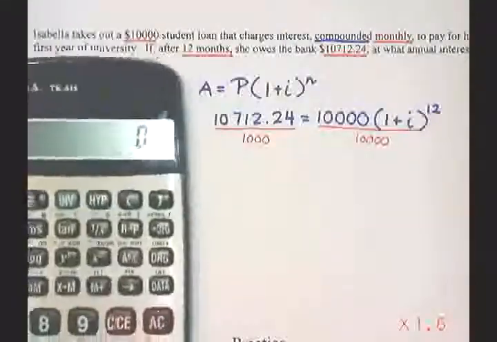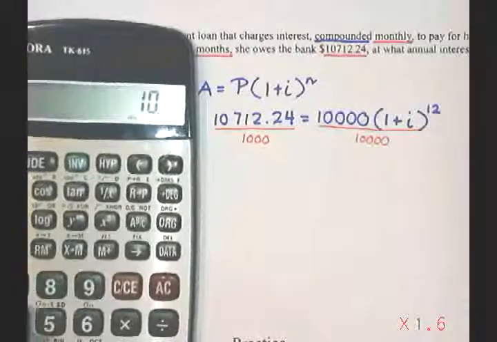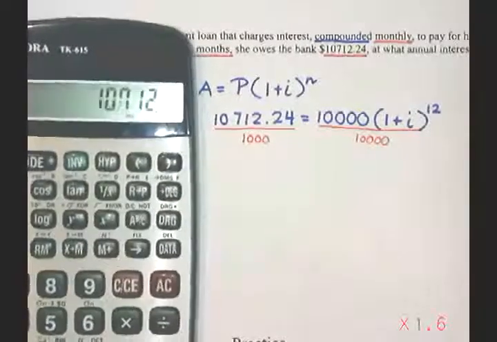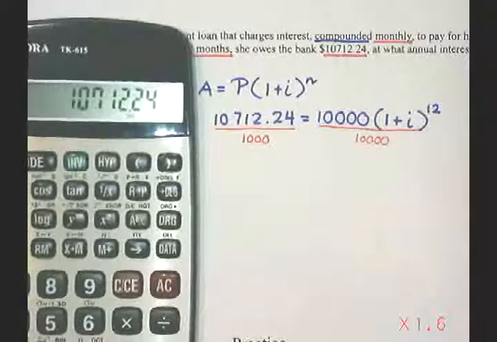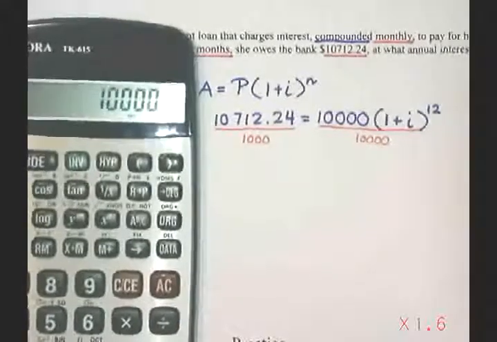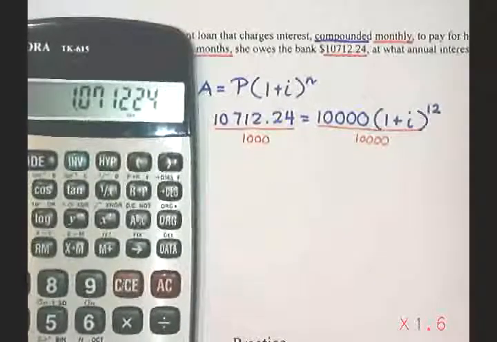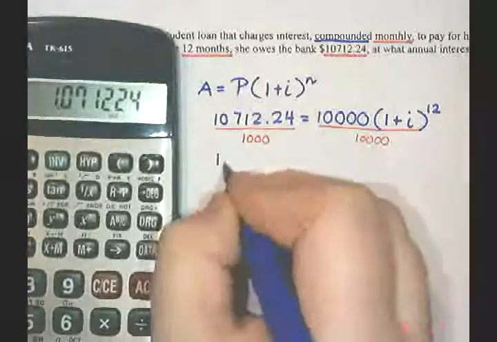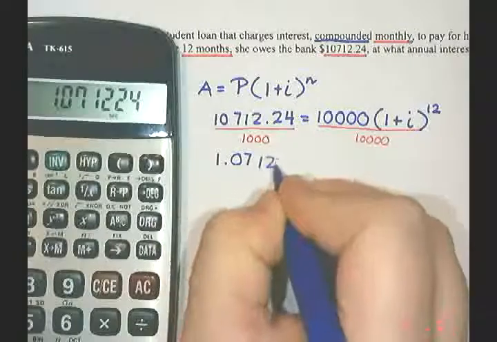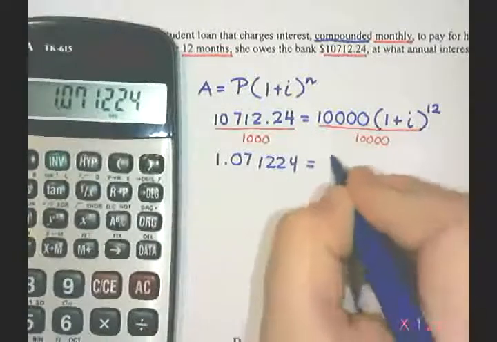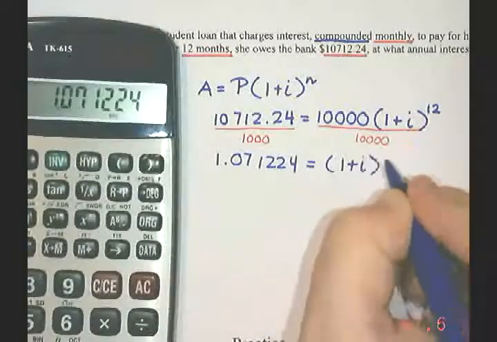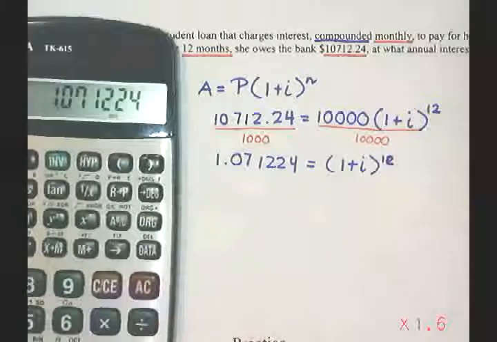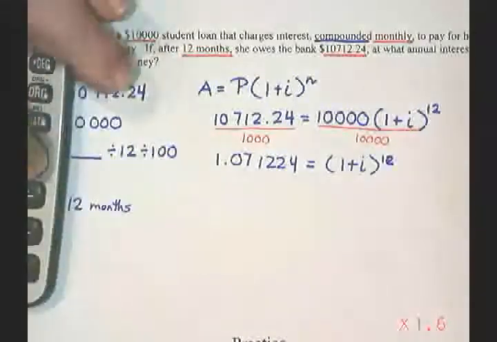So $10,712.24 divided by 10,000 is 1.071224. And I get 1 plus i to the power of 12 equals that on the other side.